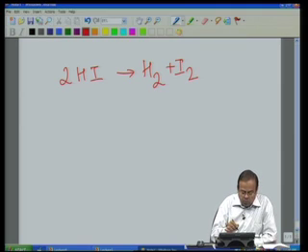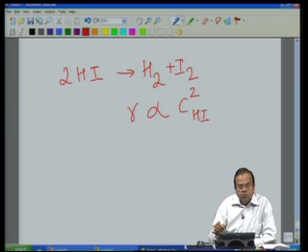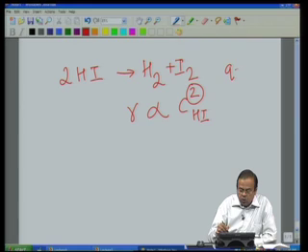It turns out that for this particular reaction, the rate of reaction is proportional to the concentration of hydrogen iodide raised to power 2. So clearly in this case q is 2. There is only one species on the reactant side, so our qj and q are the same. This is the order of the reaction. So, q can be an integer.